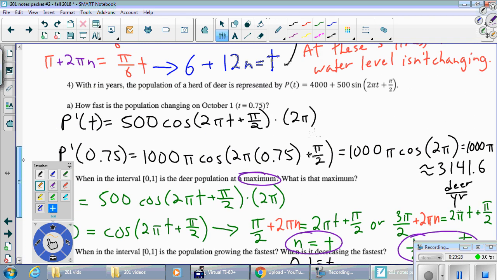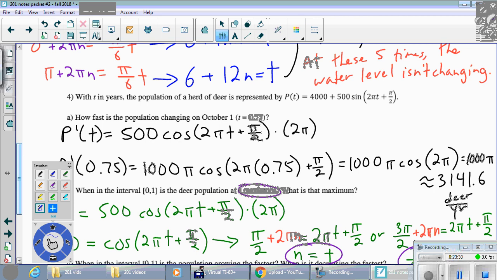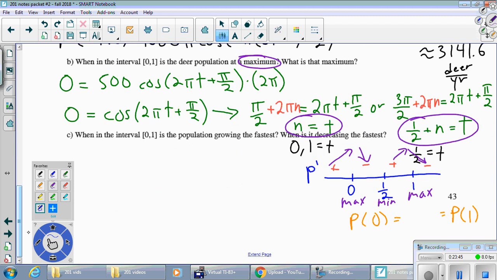So if we plug 0 into the original, so 0 right here for t, so this part becomes nothing. So this is pi over 2. Sine of pi over 2 is 1. 500 times 1 is 500. Plus 4,000, we get 4,500. So that is when the population is at a maximum at 0 and 1 year, and the maximum population is 4,500.